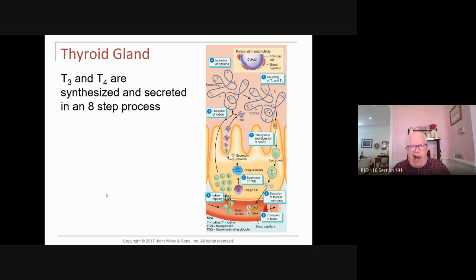Tyrosine plus iodine will give you T3 and T4. So the operative words here is the iodination of tyrosine is what gives you T3 and T4. Okay? Very important to understand.